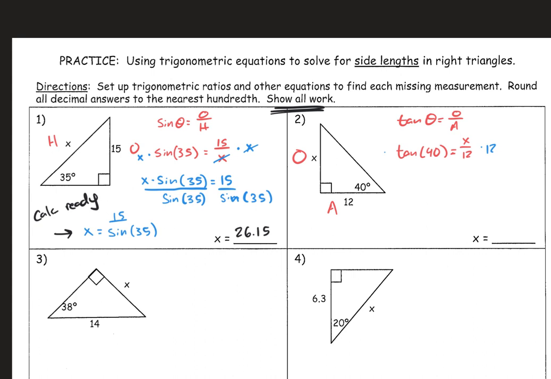Times 12, times 12. 12 times tangent of 40 is equal to x. This is my calculator ready form, because I can plug this into the calculator, which I'm going to do. Okay? Your answer should be 10.06.